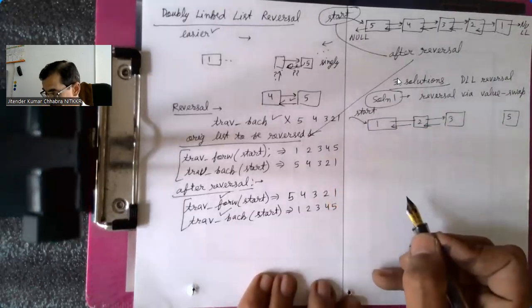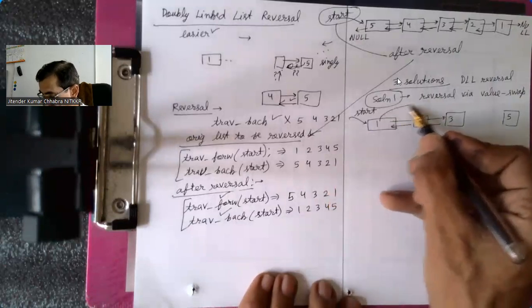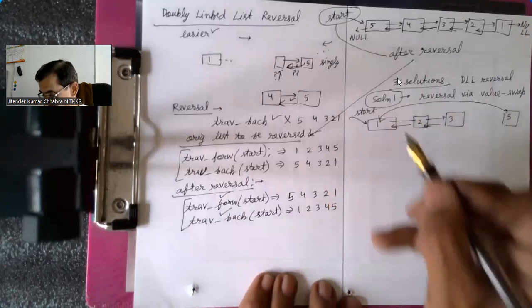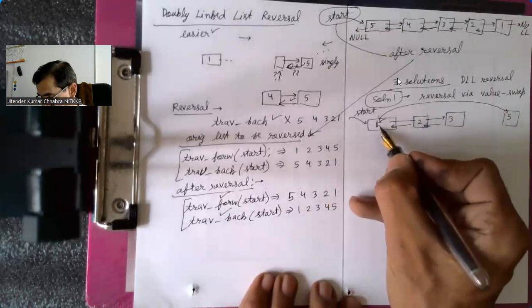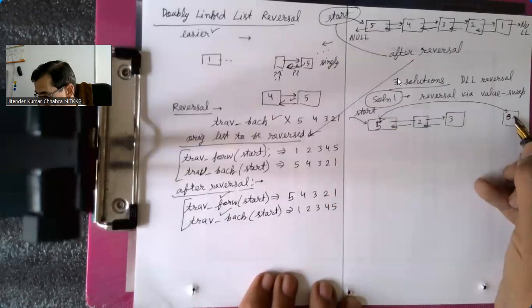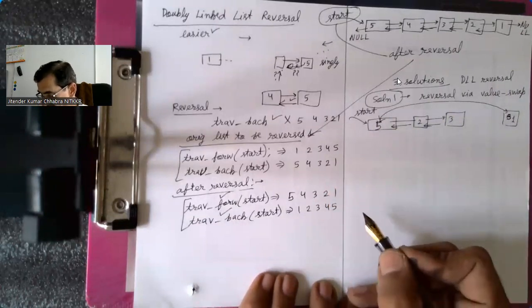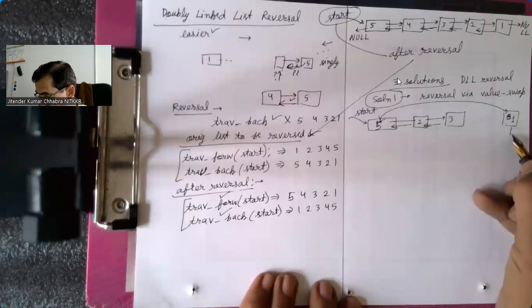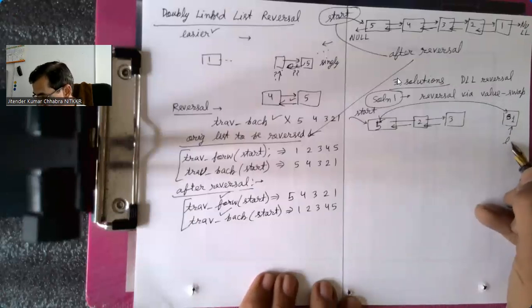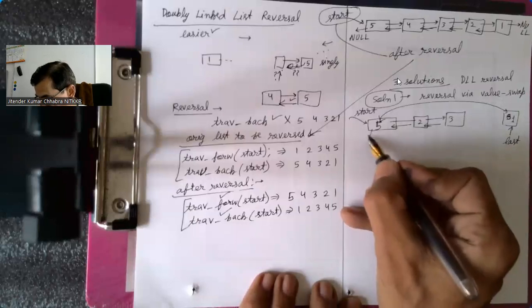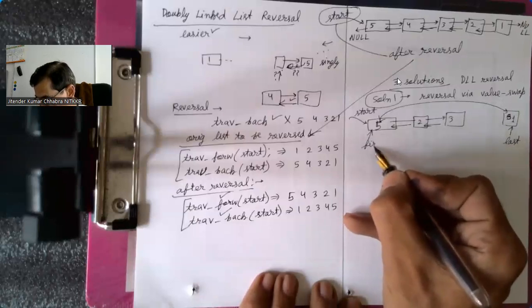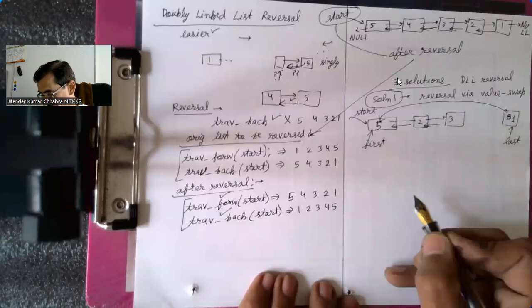That indirectly means I will swap these 2 values. Here I will bring 5. Here I will bring 1. And it is possible by bringing your last pointer and taking your first pointer. So this is your first node. This is your last node.